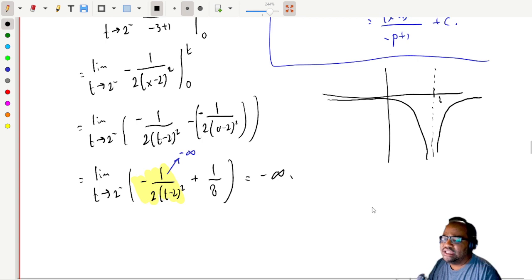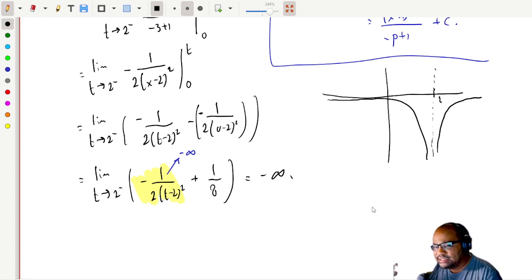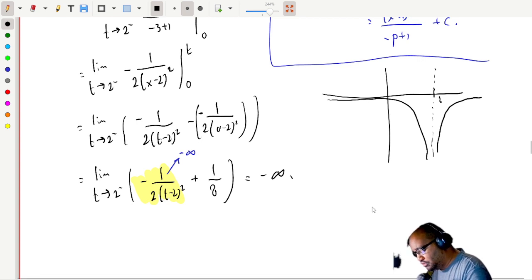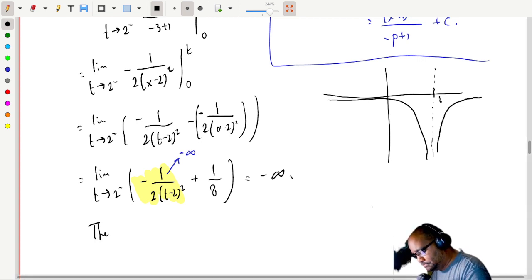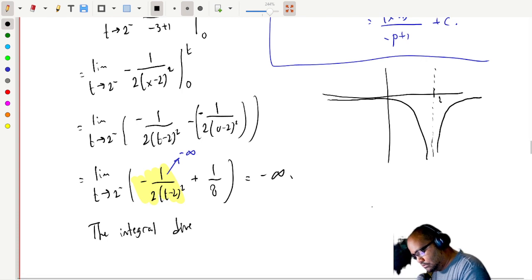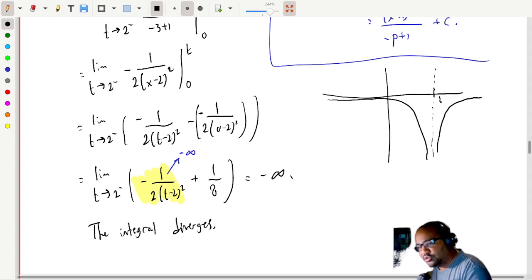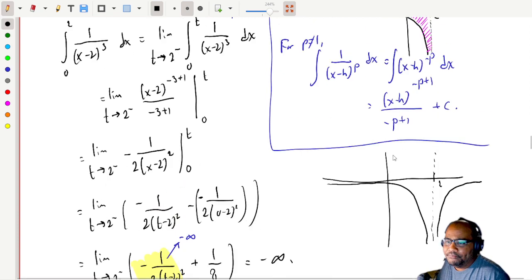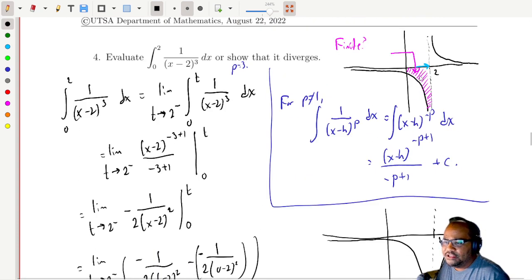It'll be large and negative. I can't control it. So we say that the limit is minus infinity, and thus the integral diverges. So in a sense, the original pink area here has infinite area.